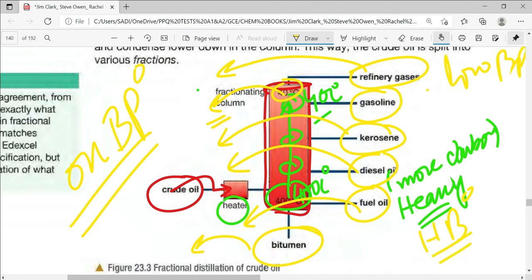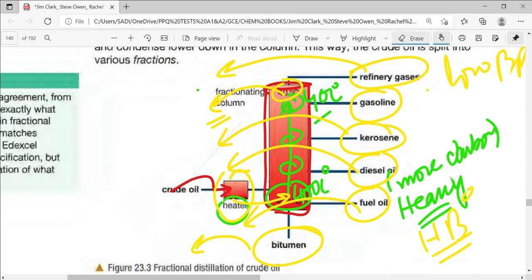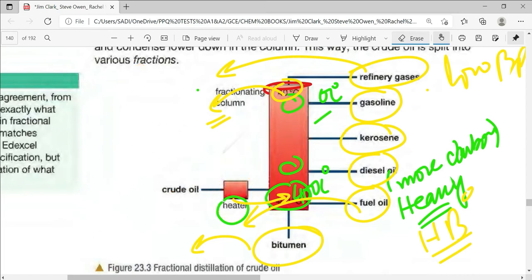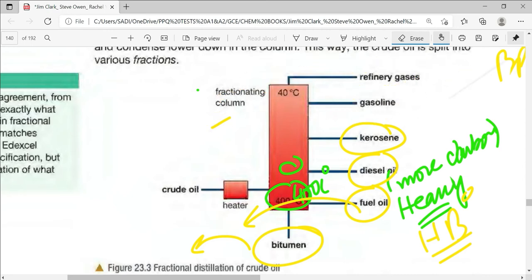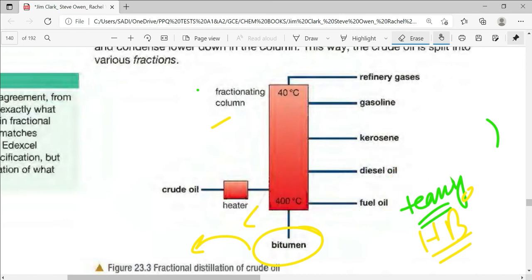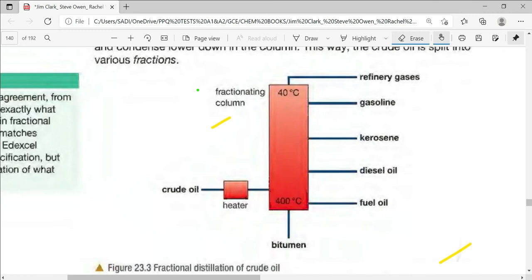So you take the crude oil, you heat it and you put it in this fractionating column and you get everything collected at the end, separately. You might have seen at the petrol pump there is special 98 and special 95. One is green, the other is blue. So they are all fractions. These fractions are separated in this particular way.